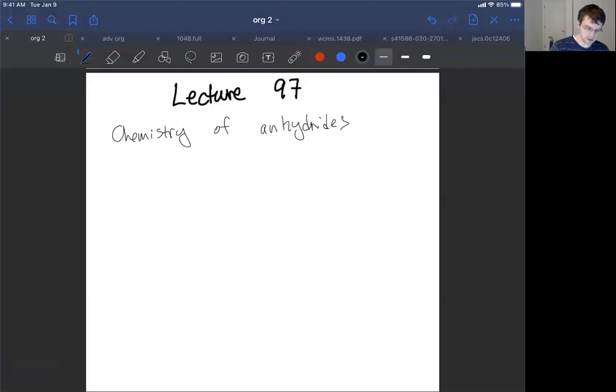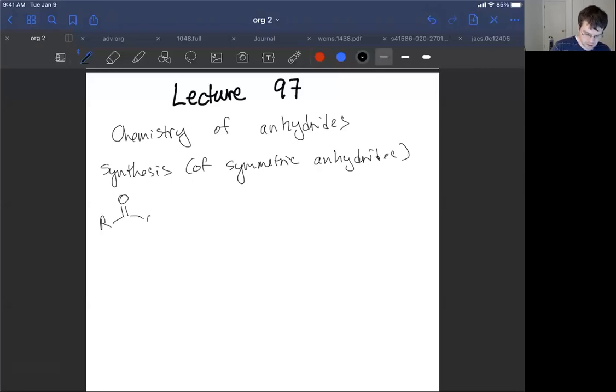All right, so what we can do is if we want to look at the synthesis, and this is going to be of symmetric anhydrides, what we want to do is take a carboxylic acid and we are going to expose it to Fischer esterification conditions.